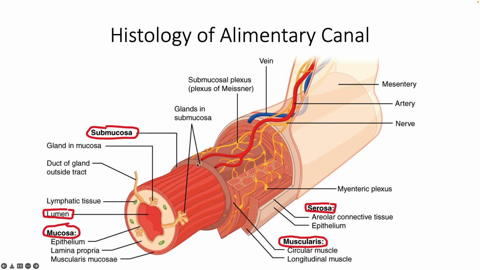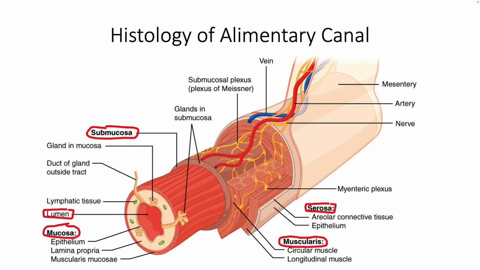Outside this submucosa layer, we have the muscularis layer. This muscularis layer is going to be smooth muscle. Don't memorize circular or longitudinal muscle, just understand that it's smooth muscle. These are our organs that we're talking about, so it's not cardiac muscle or skeletal muscle, it's smooth.